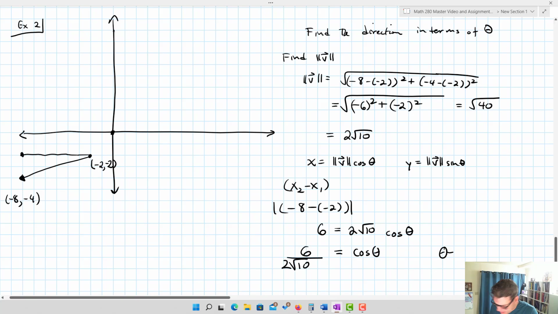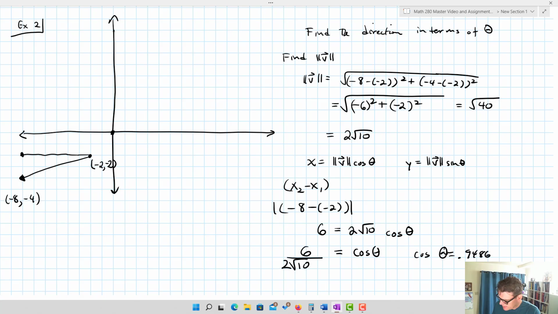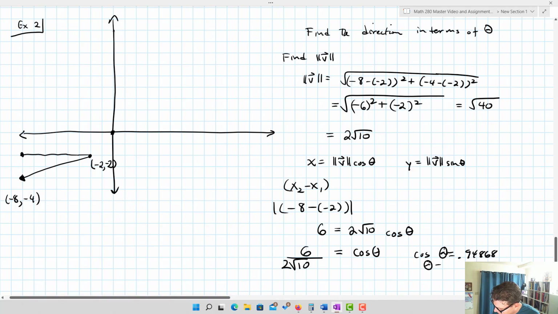So cosine theta ends up equaling 0.94868. Okay? And now the next thing I need to do is figure out what theta is. So theta is going to equal cosine inverse of 0.94868. But be careful, because notice it's not in the first quadrant anymore.